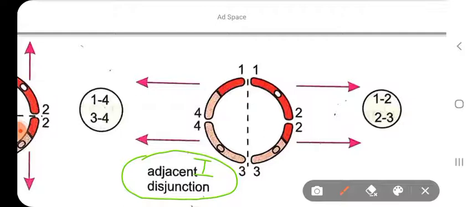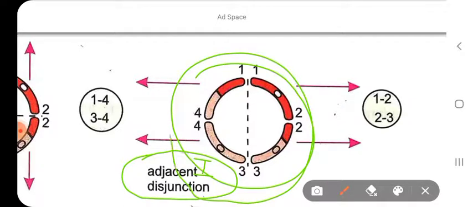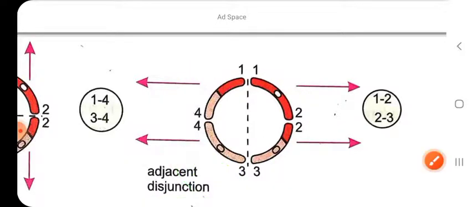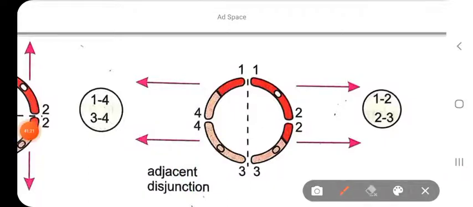So the gametes may become non-viable, meaning inactive. So let us see the case of adjacent type 1 disjunction. It is an open ring configuration. As you can see, the chromosomes have been arranged in a ring-like structure. And what more we can see is that in this case, one normal and one translocated chromosome reach both of the opposite poles.